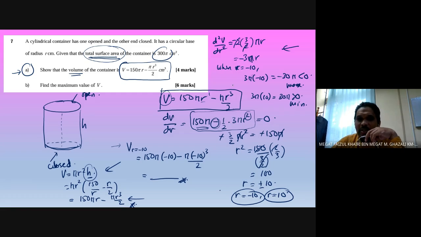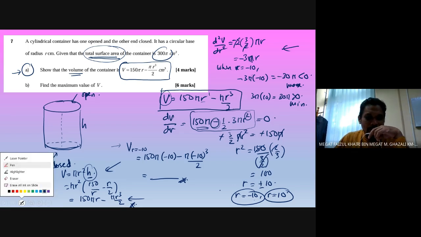Differentiate this, it is supposedly give you negative here, negative 3 pi r. So when r equal to negative 10 and 10, it is supposedly negative 3 pi times negative, supposedly positive here. So I made a mistake here.